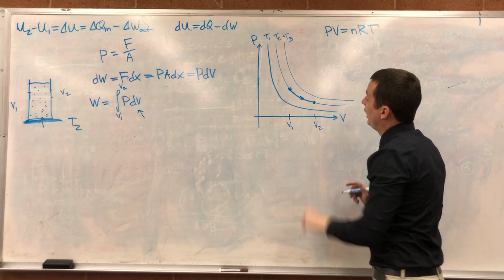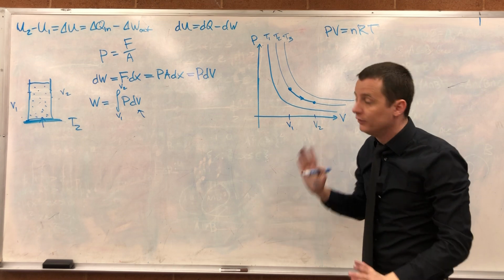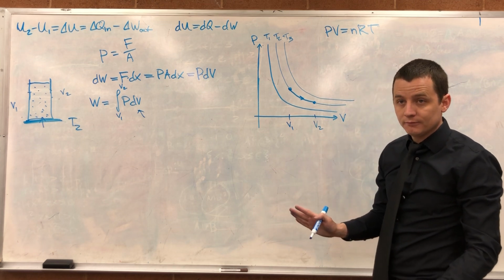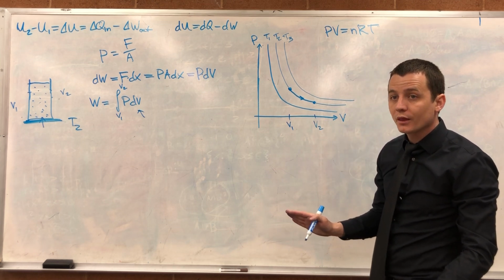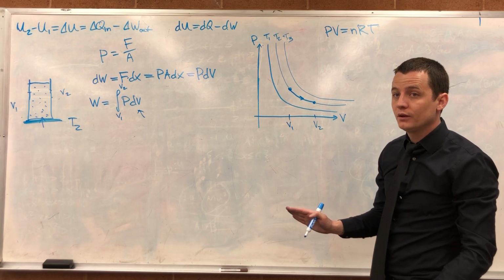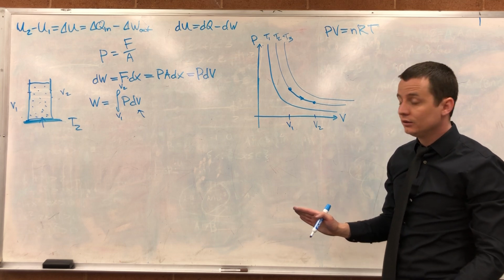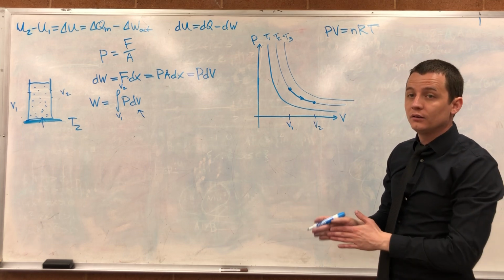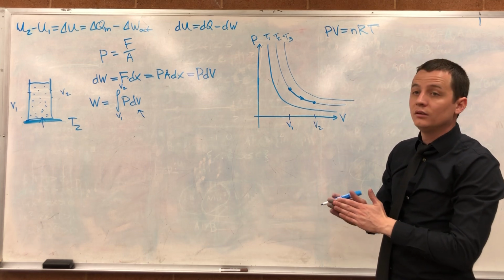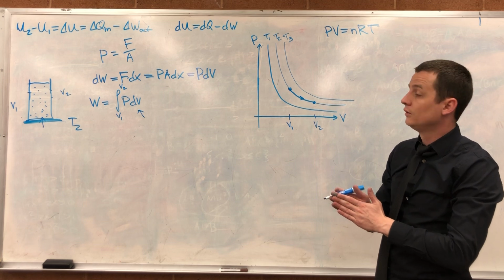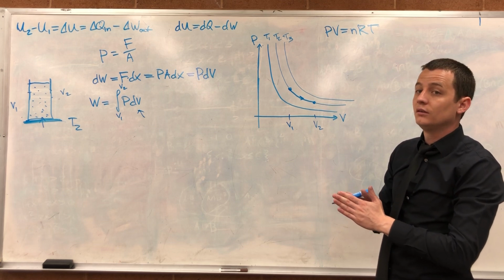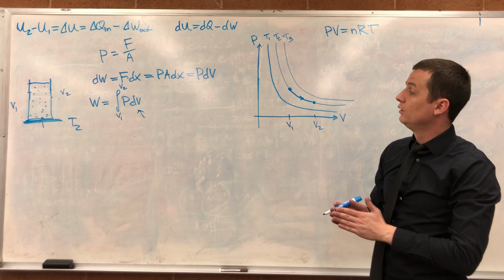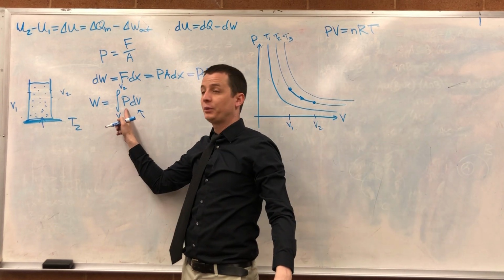Now, looking at this, how do we calculate the amount of work done in a system like this? Well, from V1 to V2, you would just do V2 minus V1 times the pressure. But pressure is not a constant.